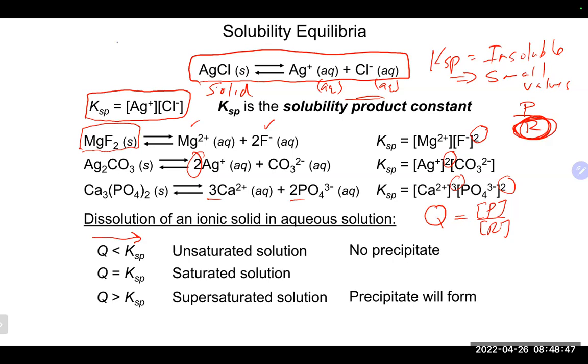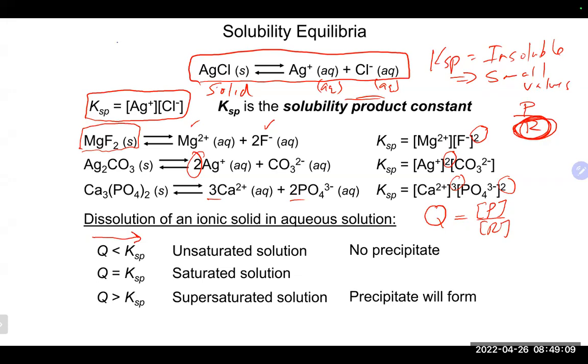It's the same idea here. If we're not at equilibrium, we're going to go one way or the other, which means either we will have a solid or not a solid in this case. So it is possible it could equal Ksp, but based on the concentrations that you're putting together, it may end up being larger or smaller than the actual Ksp value.